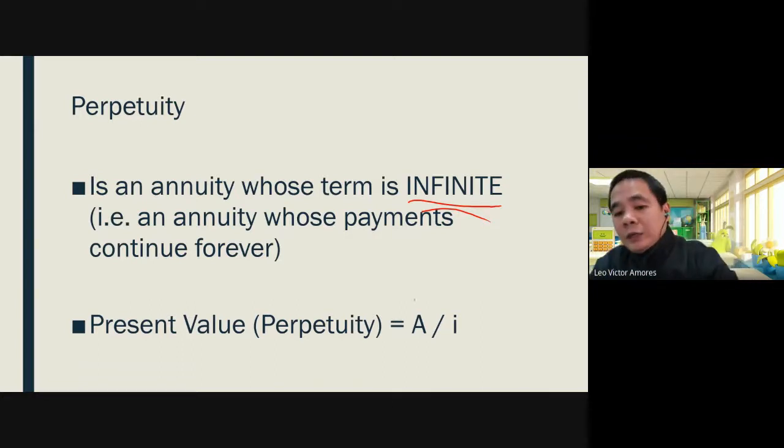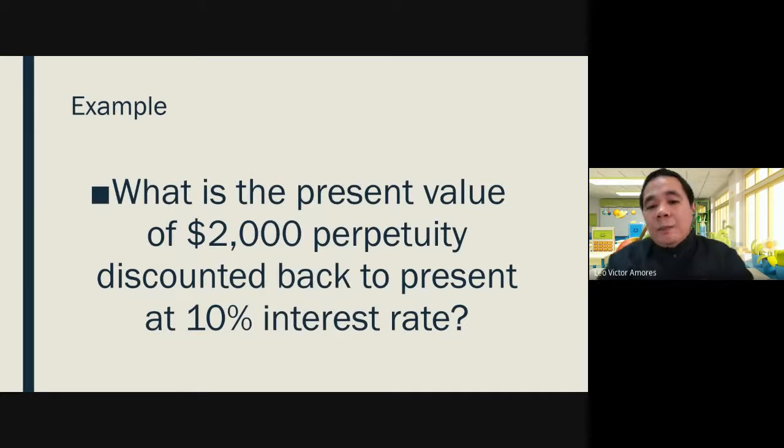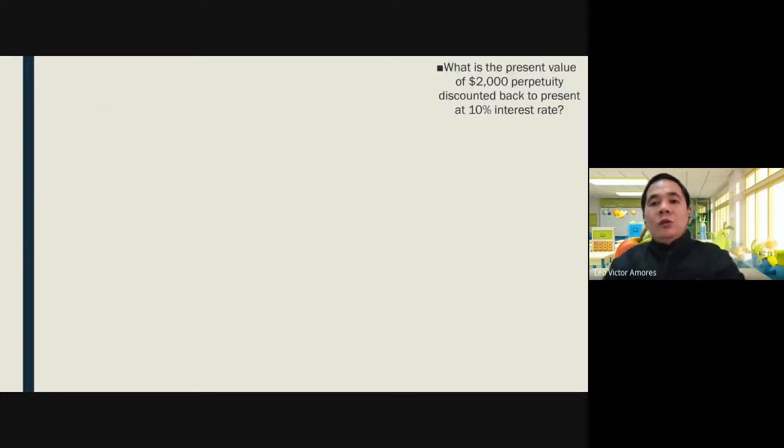How much you receive yearly, divided by the interest rate, continuing forever, that is the perpetuity. Say for example, what is the present value of a $2,000 perpetuity discounted back to the present at an interest rate of 10%? The formula: P is equal to A over i.